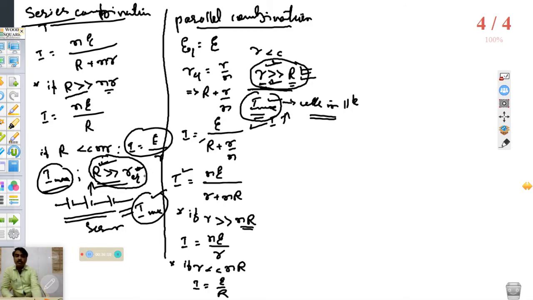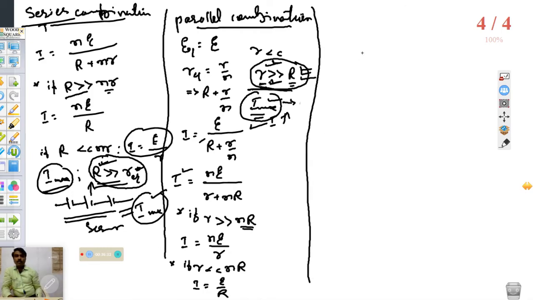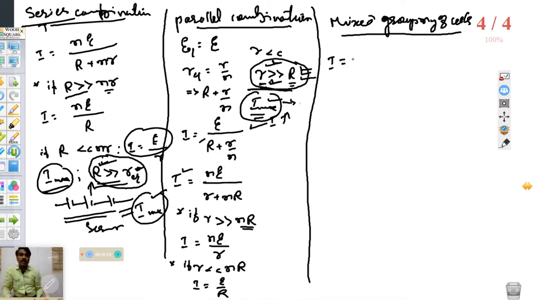Now, before this, we discussed series and parallel separately. If it is a mixed grouping of cells, then the value of current I equals n times E divided by nr divided by m plus the external resistance, because we have a series combination as well as a parallel combination.